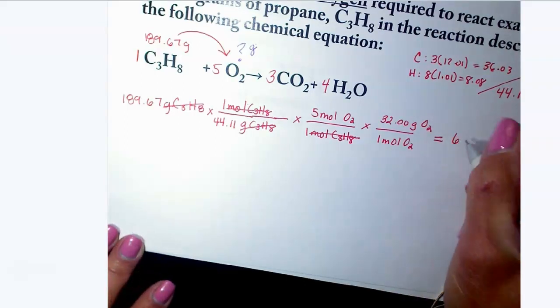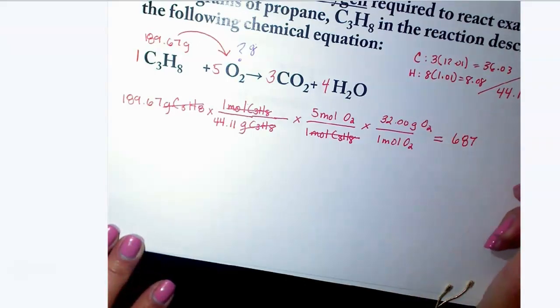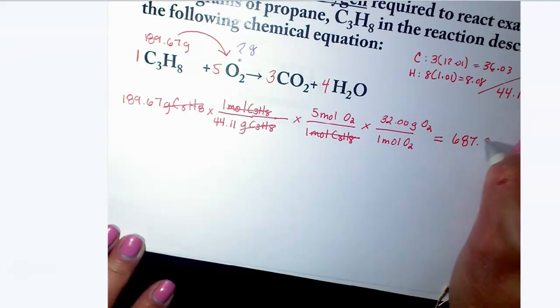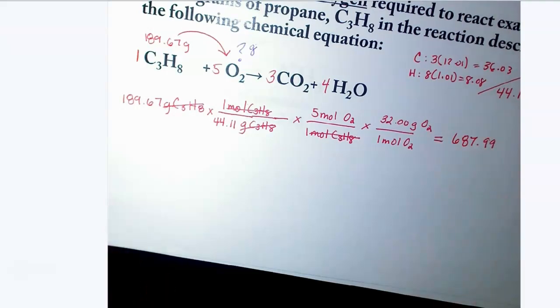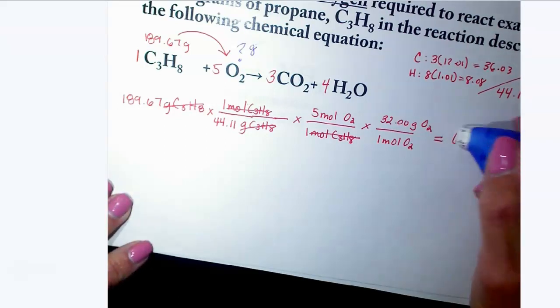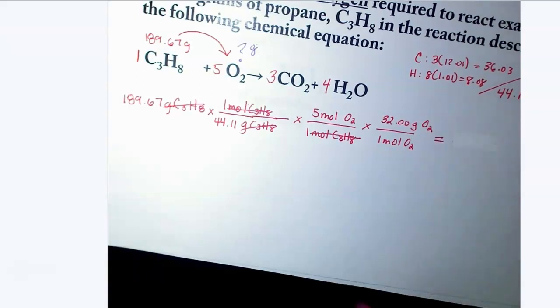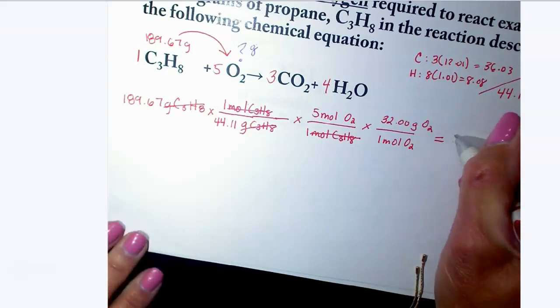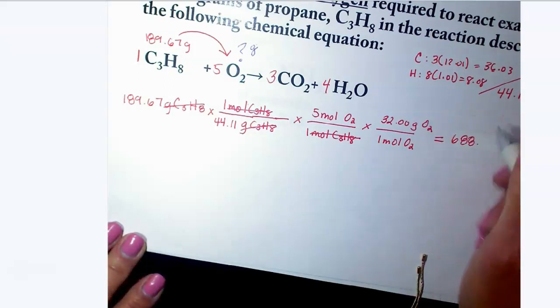So 600, and somebody verify my math. Oh, I got 688? Oh, gotcha. You got 688? Okay. Thank you, guys. 187.67 times 5 times 32 divided by 44.11 is 688. 688.14 grams of oxygen.